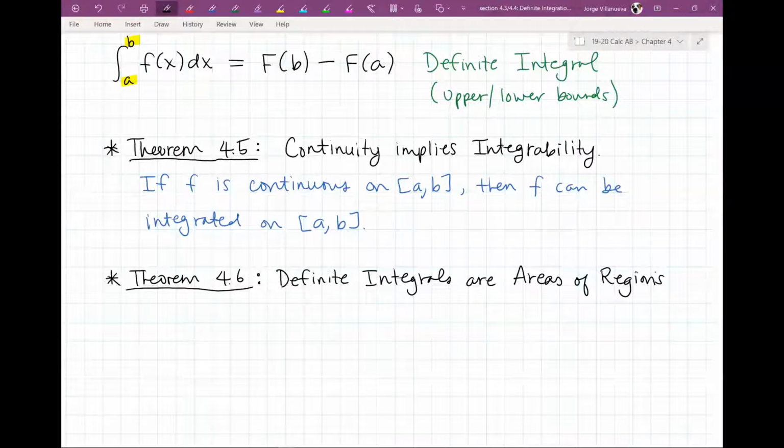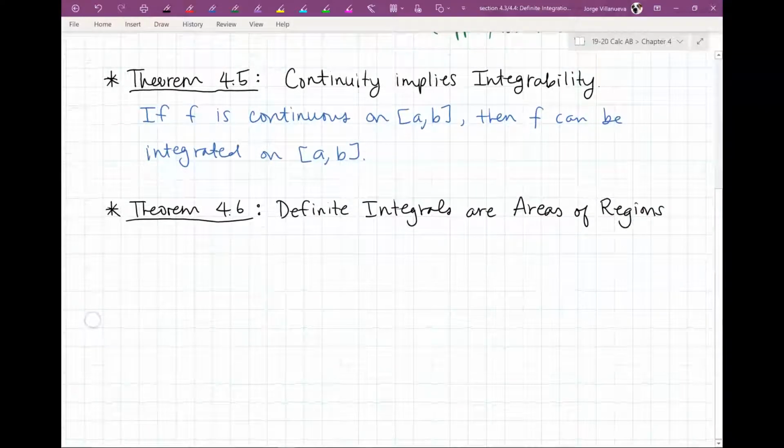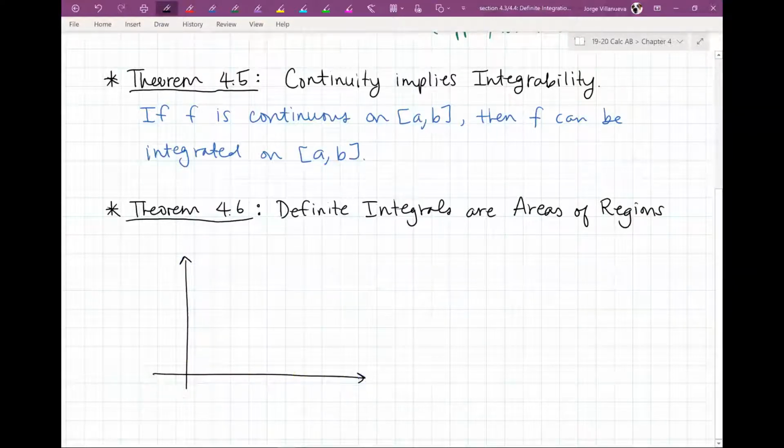The reason I say this is because I'm going to erase this soon, but you don't have to write this down. We'll talk about this later, but pay attention really quick. Don't write this down, but I'm going to give you a problem similar to this on your final exam.